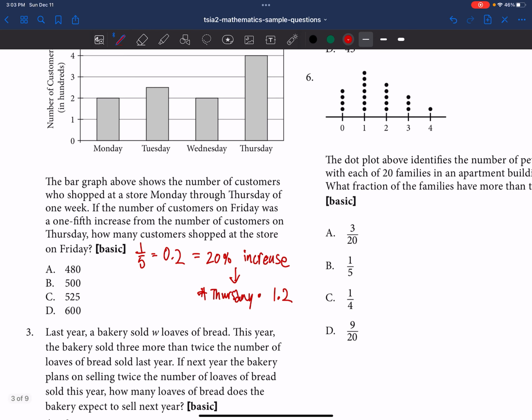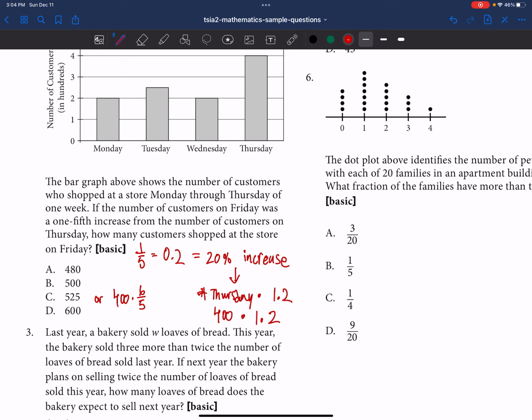And you have the 1 there because the 1 keeps however many you had on Thursday. The 0.2 is that 1/5 increase from that. So the number of students is 400 times 1.2, or I could say, 400 times 6/5.